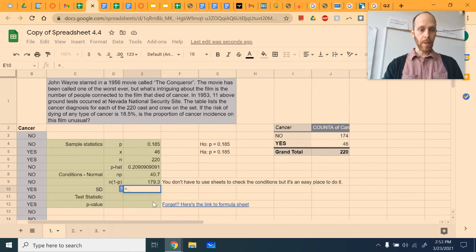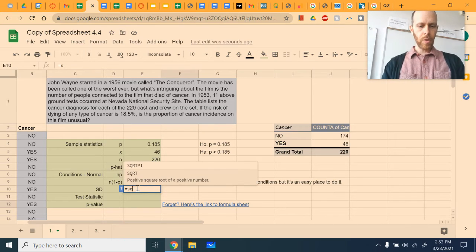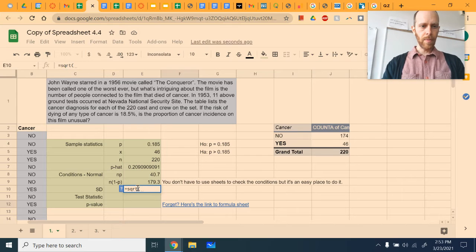Okay. Moving forward, standard deviation. Here's our formula sheet. If you don't remember, you can just click on that. But it is equal to the square root of population proportion times 1 minus the population proportion divided by the sample size.